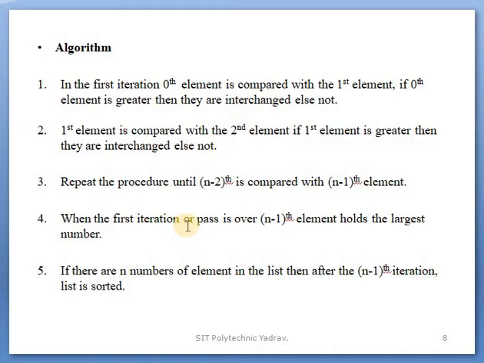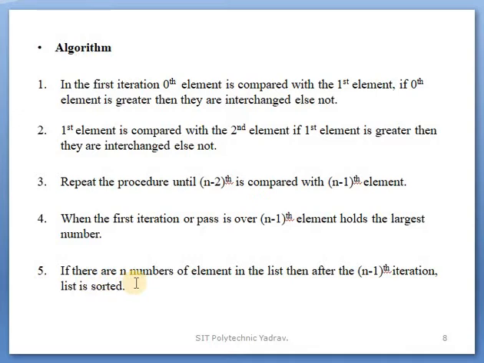When the first pass is complete, the n minus 1th element holds the largest number. This process is repeated. When the first iteration is over, the last position of the array automatically holds the largest number, sorted.